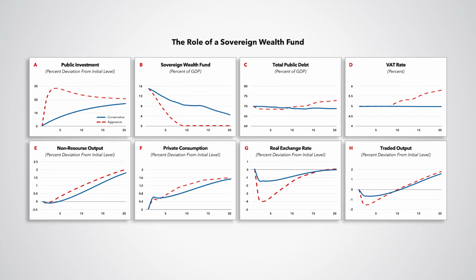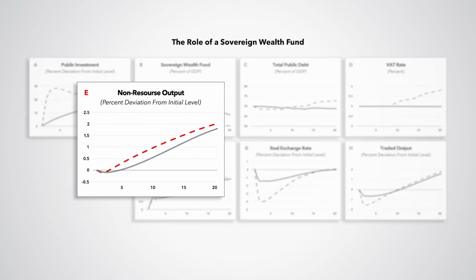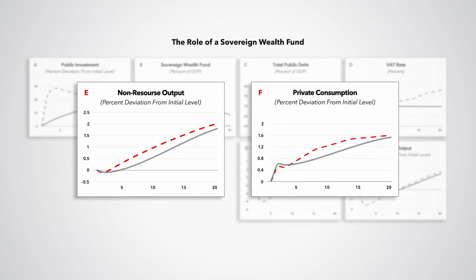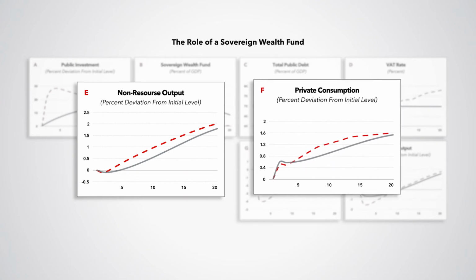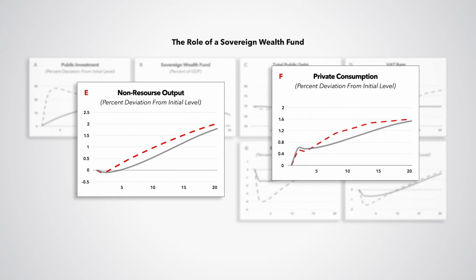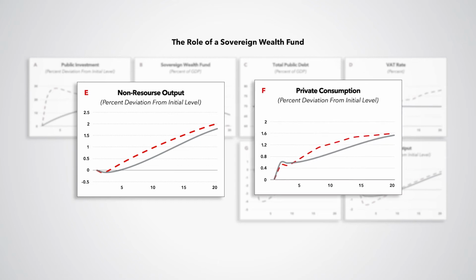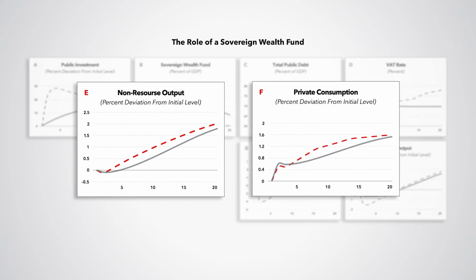Note also that the aggressive approach causes a higher level of non-resource output, panel E, and a higher level of private consumption, panel F. However, higher debt and taxes affect private consumption negatively, and as a result, the increase of consumption is very similar to that of the conservative approach at the end of the simulation period, panel F.